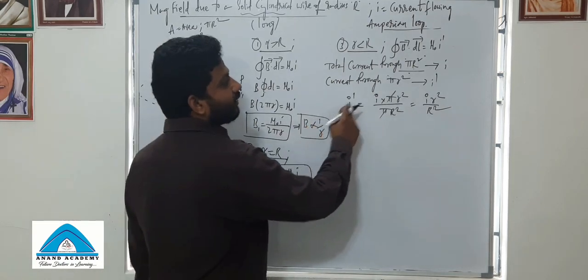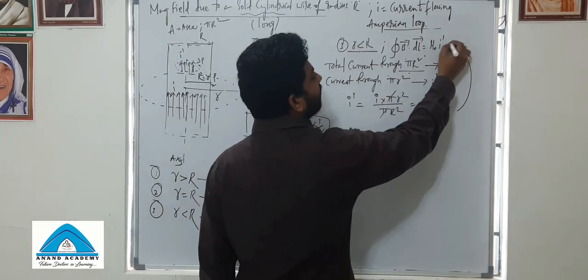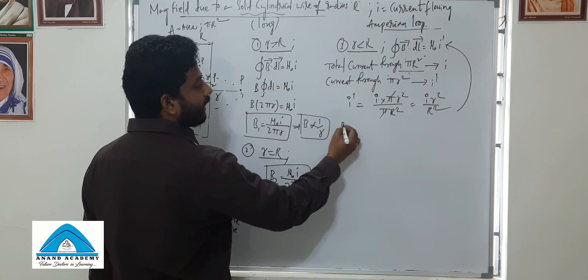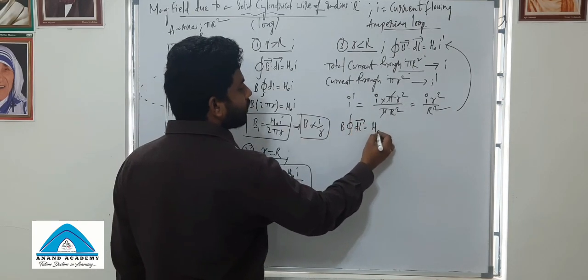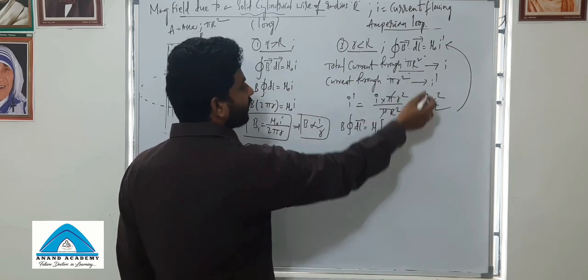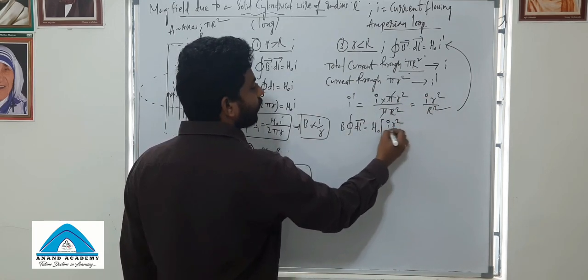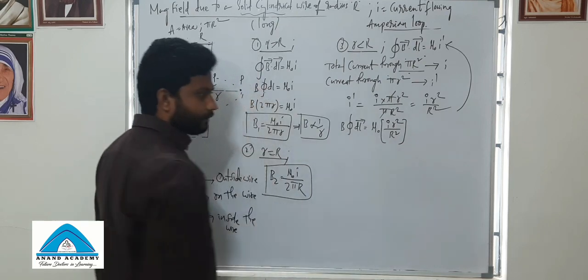Now you know this I dash value, you can substitute in Ampere's circuital law. So what can I write? B into closed integral dl is equal to mu naught into I dash. What is I dash? I small r square by capital R square.